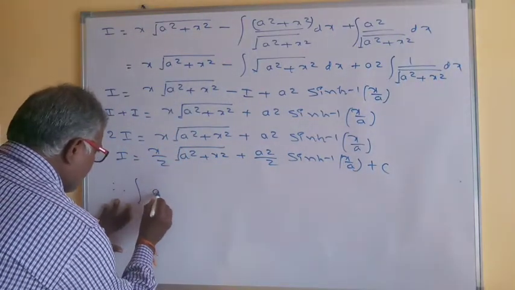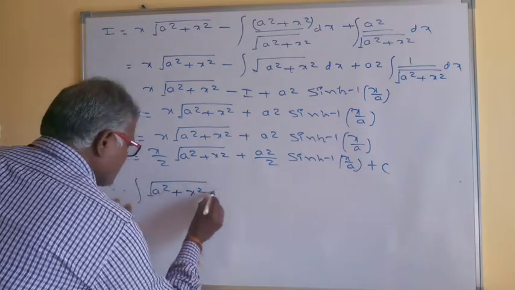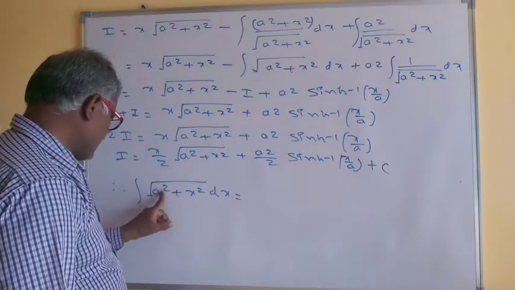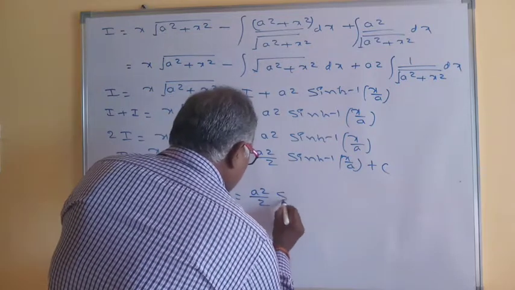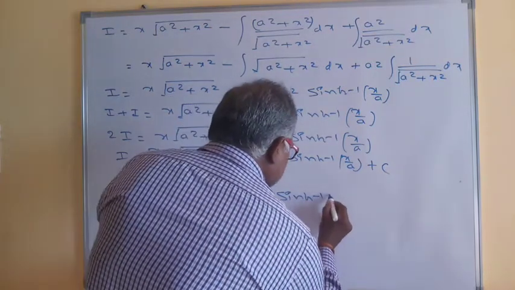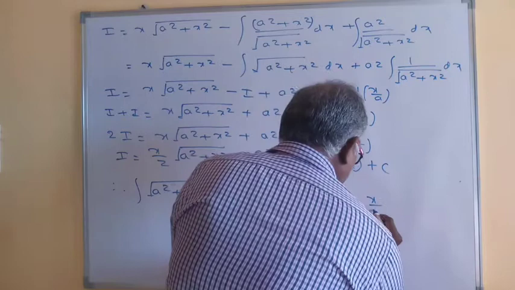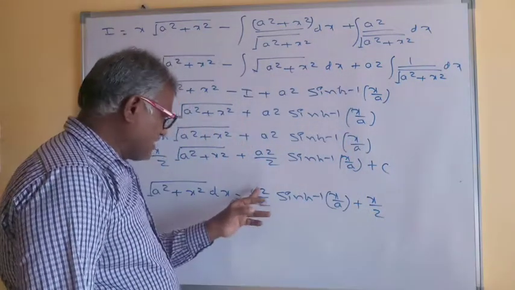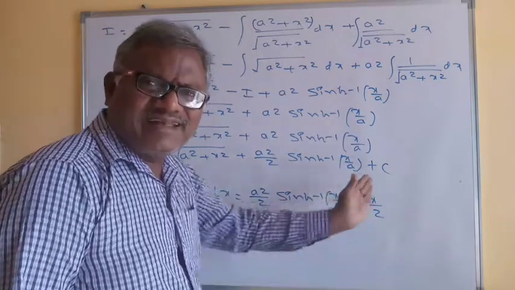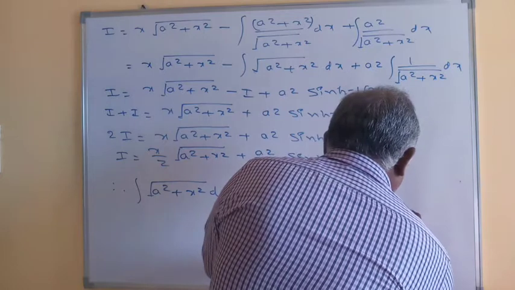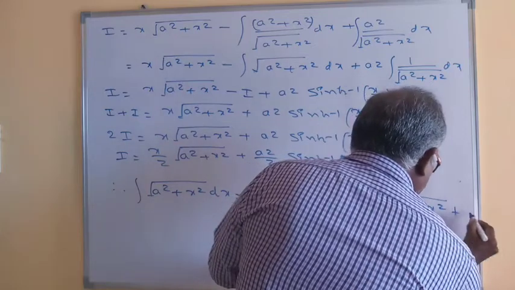Therefore, integral of root of a square plus x square dx is equal to a square by 2 into sin h inverse x by a plus x by 2 into root of a square plus x square plus c.